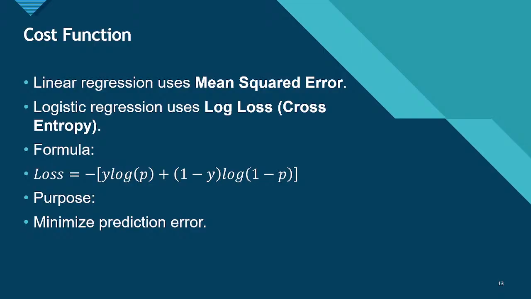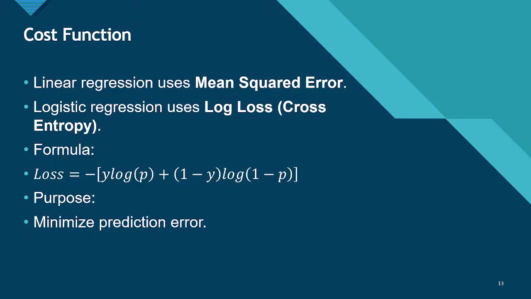Here y is the actual label, 0 or 1, and p is the predicted probability of class 1. How does it work? If the model predicts correctly, for example y equals 1 and p is approximately 1, the loss is very small. If the model predicts incorrectly, for example y equals 1 but p is close to 0, the loss is very large.